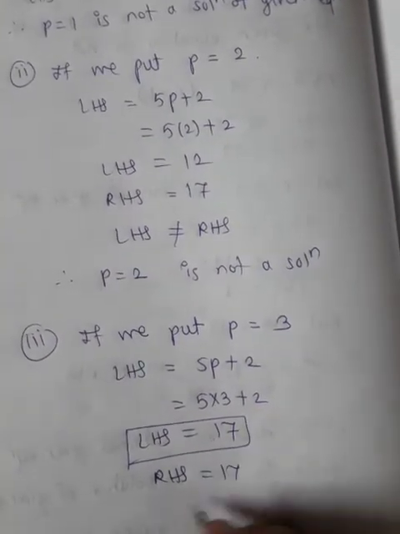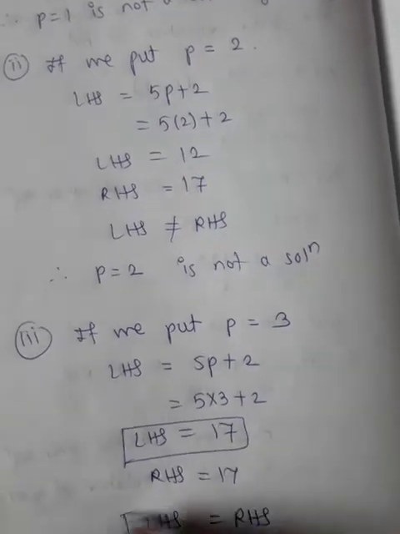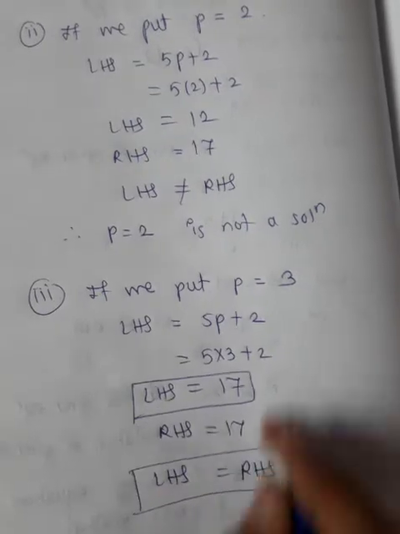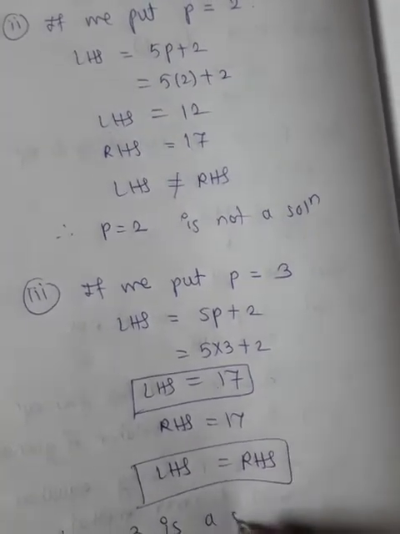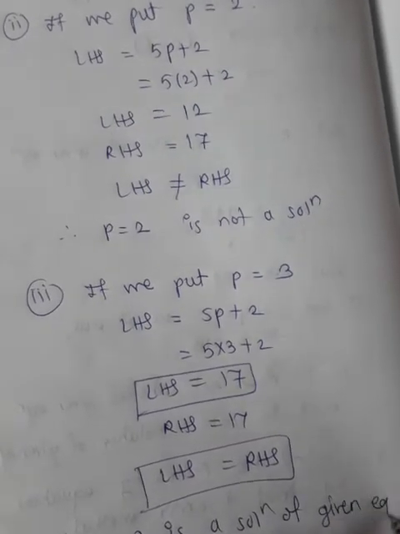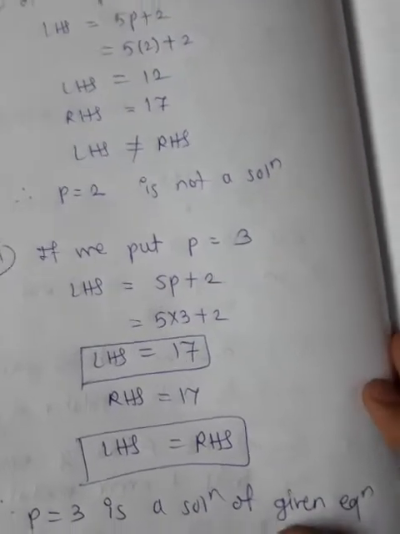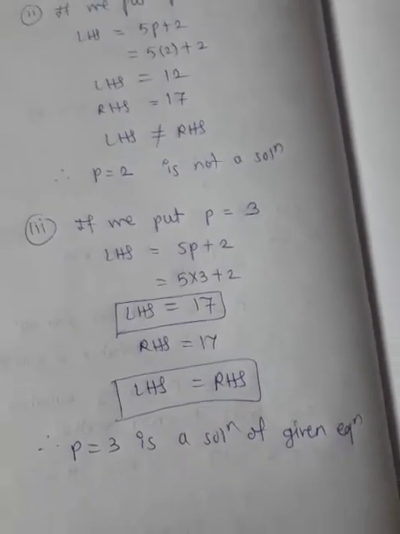If we compare, LHS is equal to RHS. So the property holds, therefore p is equal to 3 is a solution of the given equation. Like this you can solve equations by the trial and error method also.